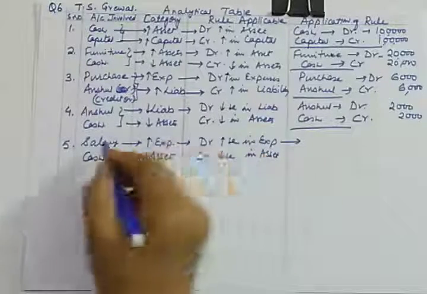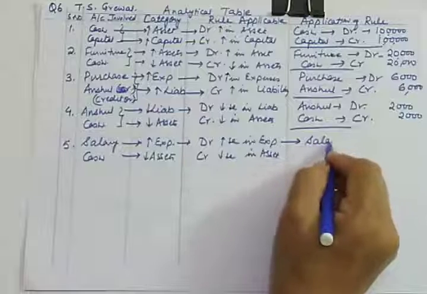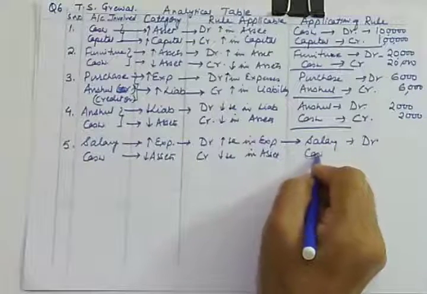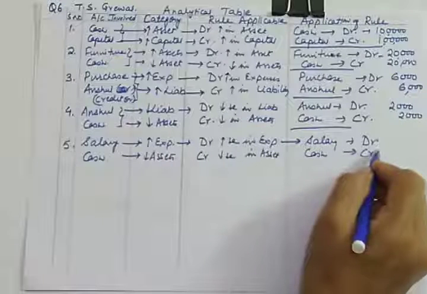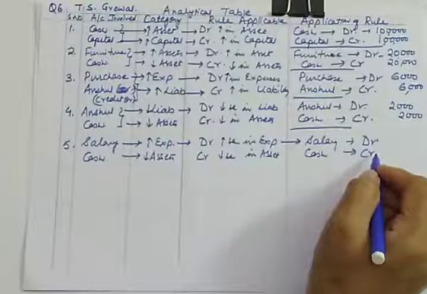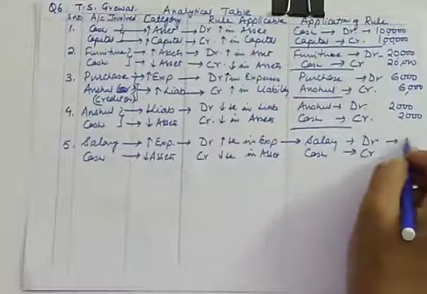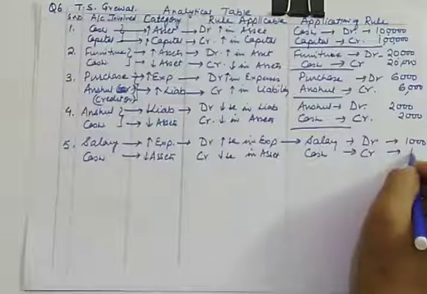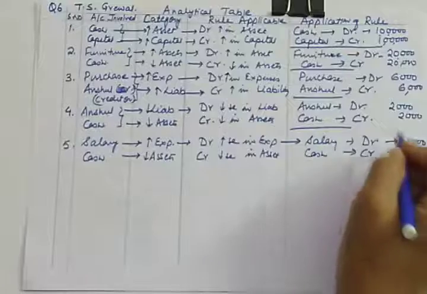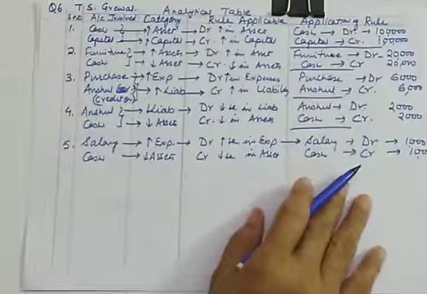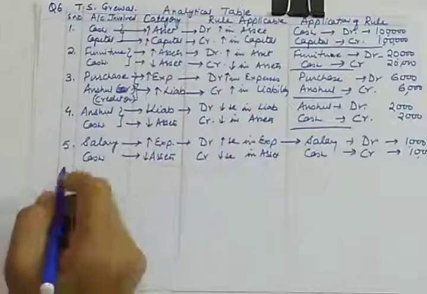So here connect with this. Salary will be debited and cash will be credited, and the amount herein, it will be 1000. In the next lecture, I'll tell you how to frame these journal entries, but here you should know the analytical table.